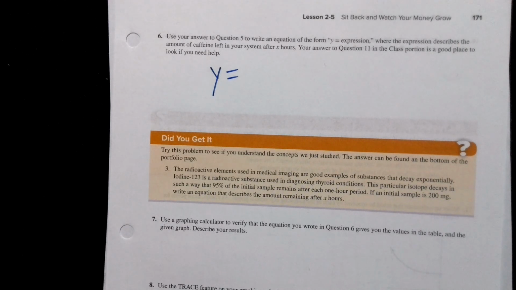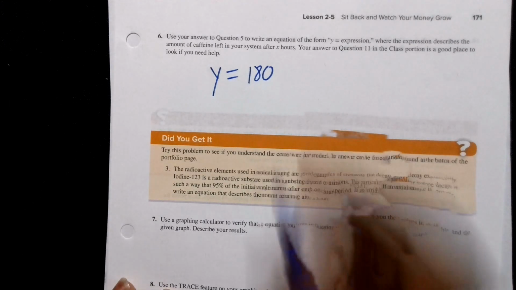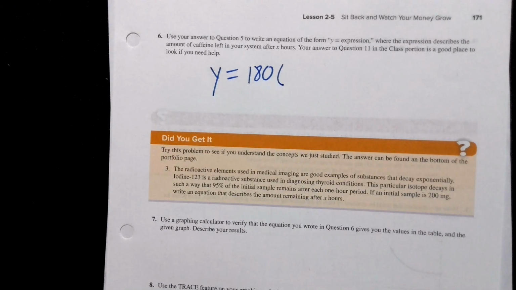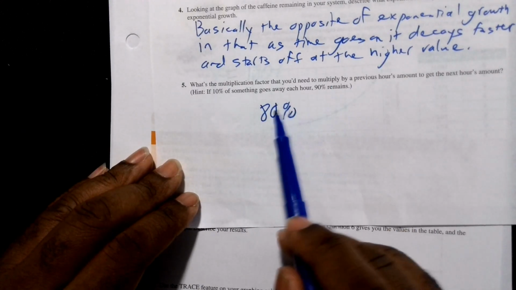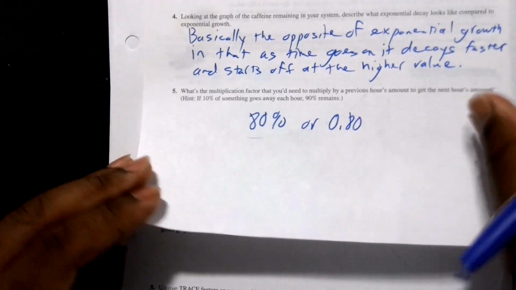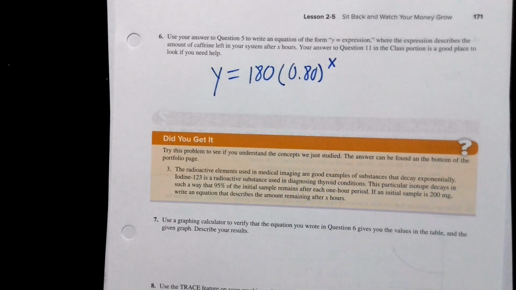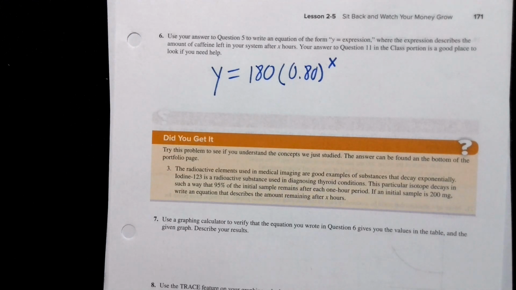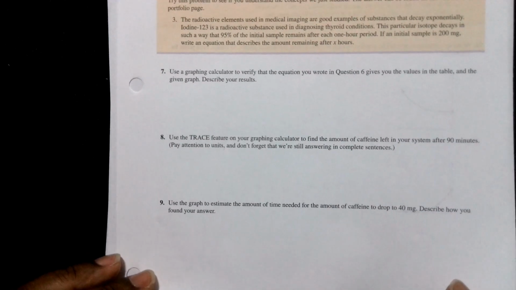So remember, our initial amount is always our y-intercept. So it'll be y equals 180. And then when we did problem number 5, we see that what we're going to multiply by is 80% or 0.80. So we could put in 0.80, and then we would know it would be taken to the x power. So this is the equation that we would need to signify the rate at which the caffeine is going out of your system.